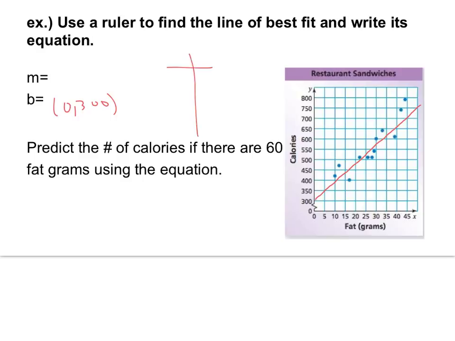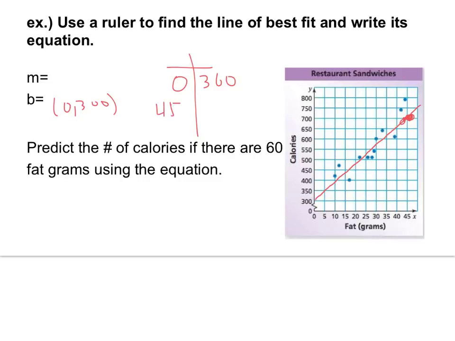We'll use that as the first of 2 points that we used to find the slope. If I look at the line of best fit that I drew for mine, and again yours might come a little different, I'm going to use this point up here because this is the one that seems to be on a perfect crisscross, so that's 45, 700.